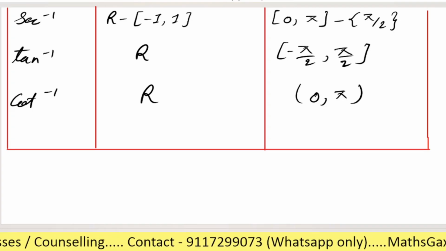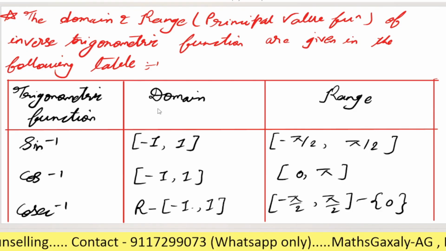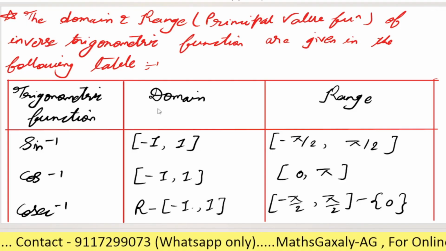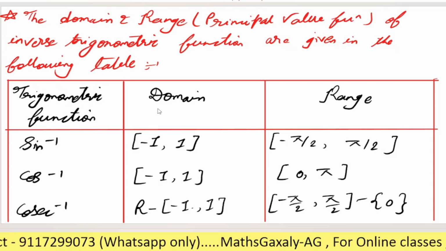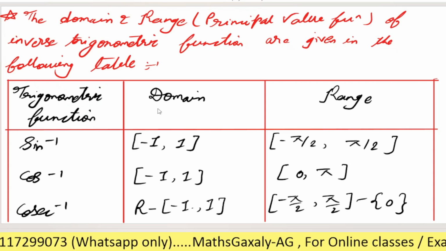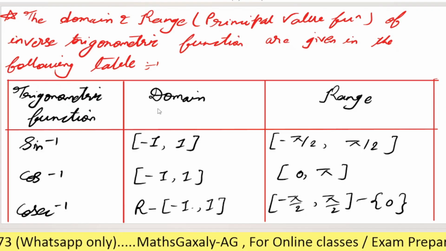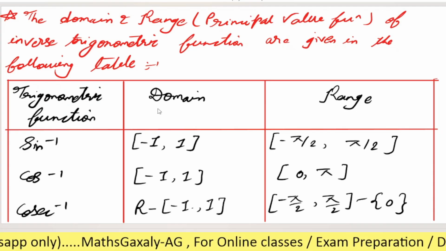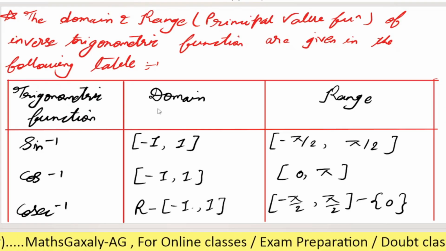So I think you can easily learn or remember this table when your concept is clear for graphical representations, domain and range, principal value functions, and all other things. Is it clear? Any doubt till here? No?